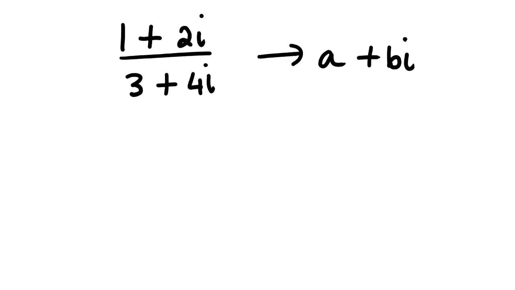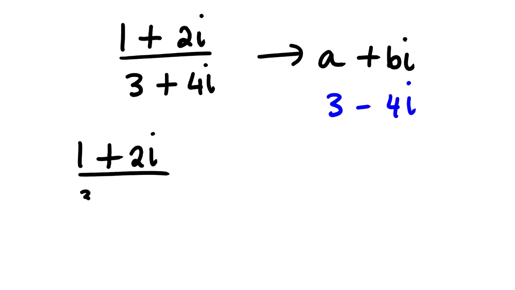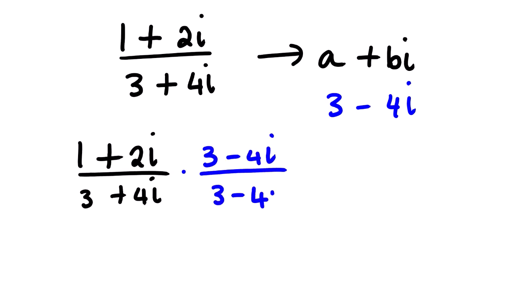Now we need the conjugate of the denominator, the complex conjugate. The complex conjugate will be 3 minus 4i. So it means we are going to multiply this by 3 minus 4i over 3 minus 4i.